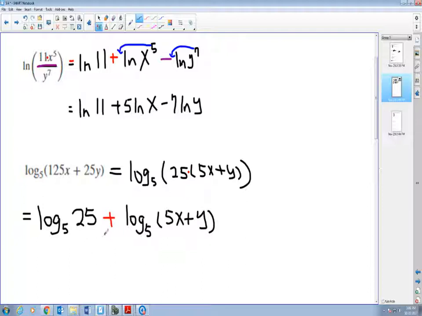And as you can recall, 25 is 5 squared. Log with the base 5 of 5 squared has the same base, so it can cancel out, which leaves me my first term as 2. So my answer is 2 plus log with the base 5 of 5x plus y.